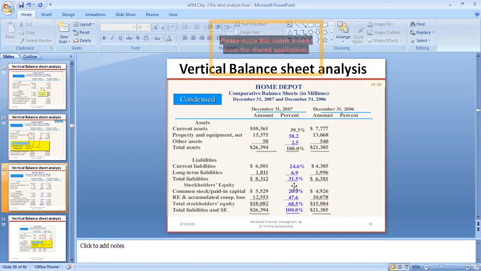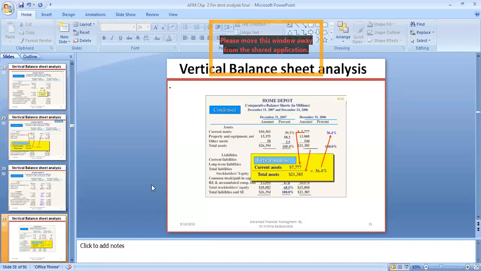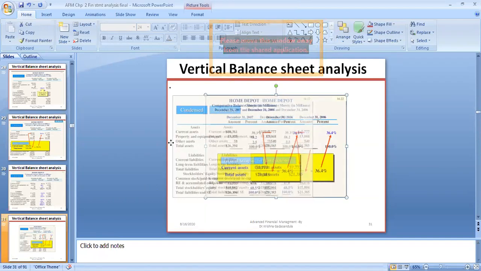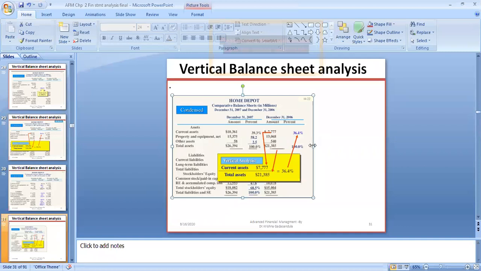Denominator is the same, total assets. When it comes to the liabilities, the numerator would be total liabilities. Whatever the 100% we are taking, that would be the denominator. The numerator is these components. So like this, we can compare, and we'll see how it has been moving.